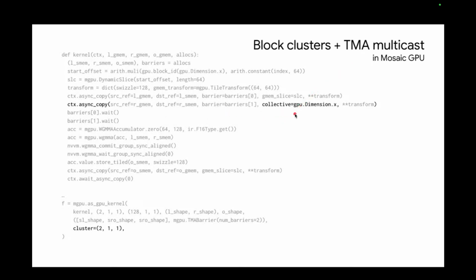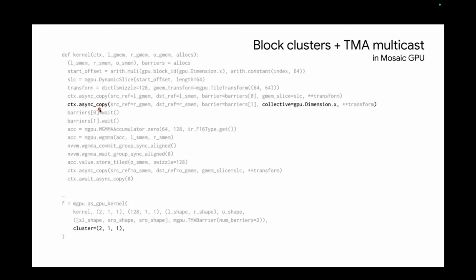Actually, if you want to do this in Mosaic, you can make it remarkably simple as it turns out. Just like before you had a 3D grid, you just configure a cluster dimension because the 2 blocks have to be within the same so-called cluster of blocks.